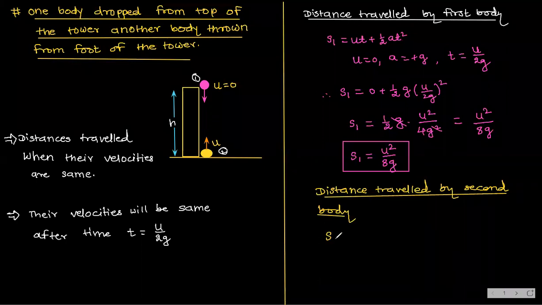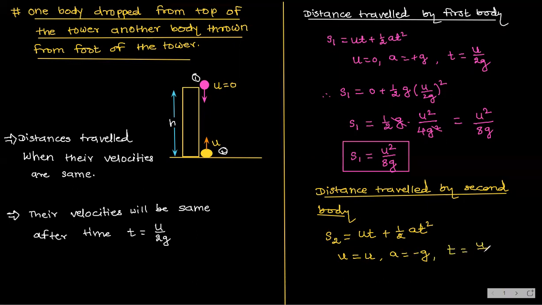Again you see S2 is equal to ut plus half at square. Now here u is equal to 0. No, it is not 0. u is equal to u. a is equal to minus g. Why minus g? Because it is going upward. Next, t is how much? t is equal to u by 2g, after which their velocities are same. Okay.